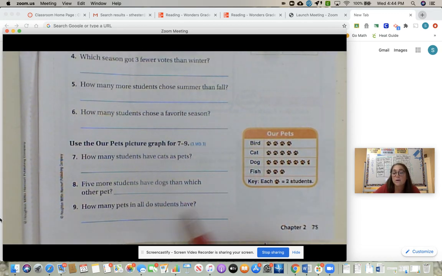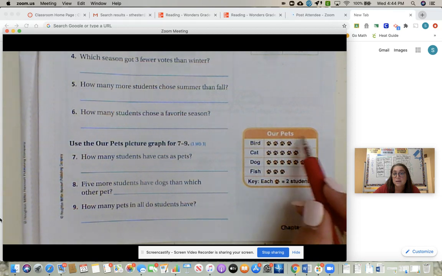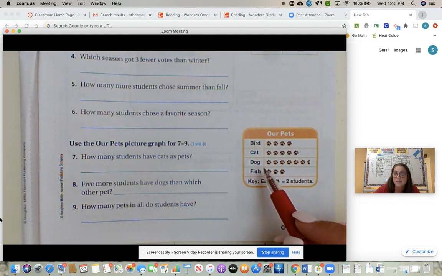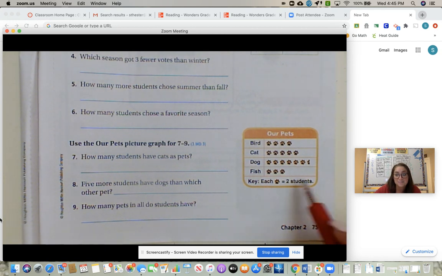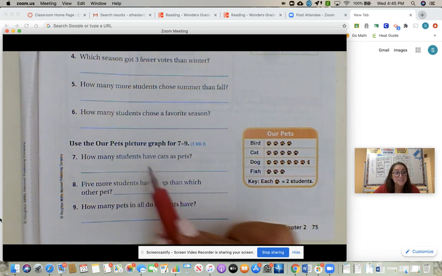Ooh, before I read the questions, I want you to come over here to your picture graph, and I want you to label how many students said that they have birds, cats, dogs, fish. Write that number. Pay attention to the key. Pay attention to that half picture. And that's all I'm going to say about that.